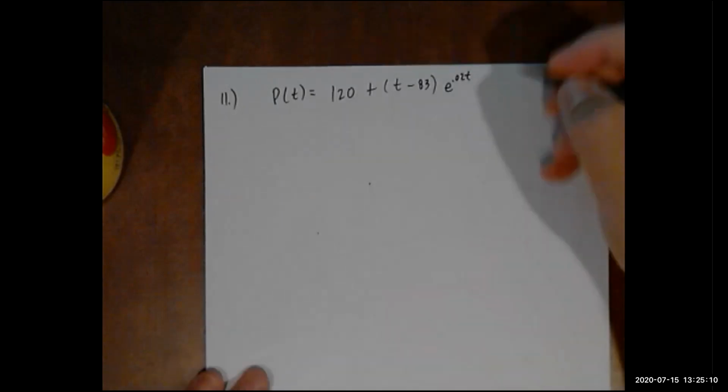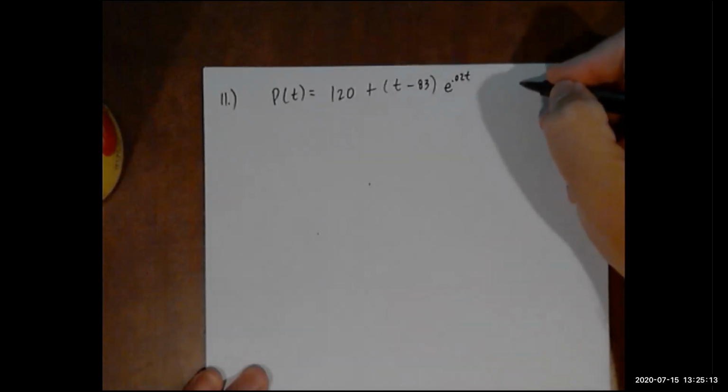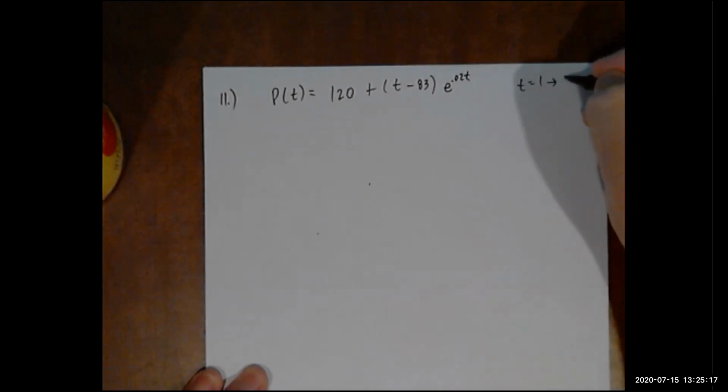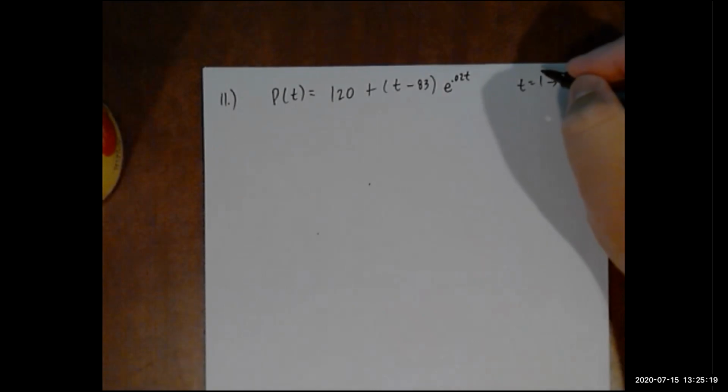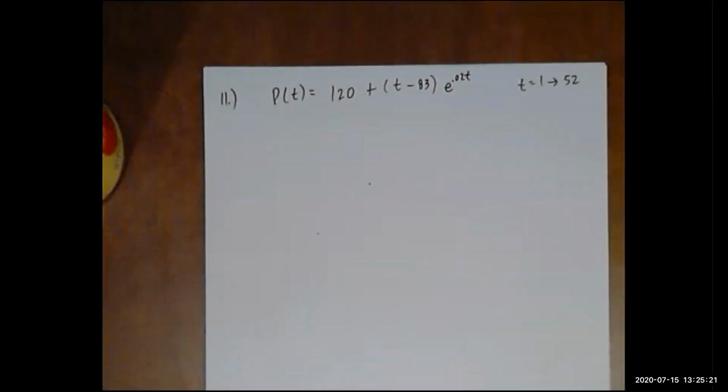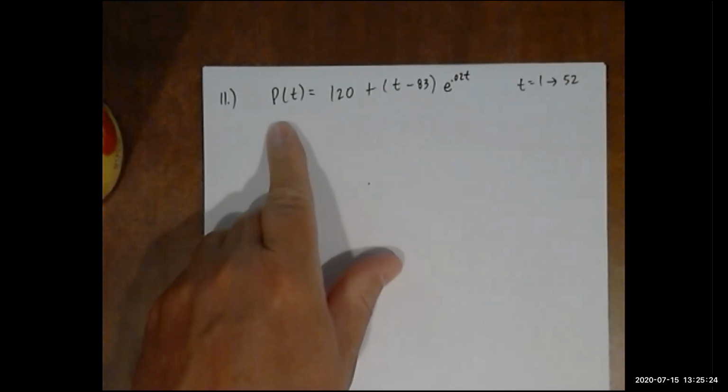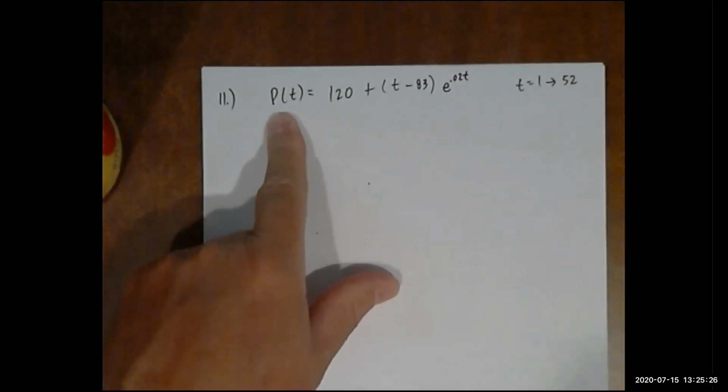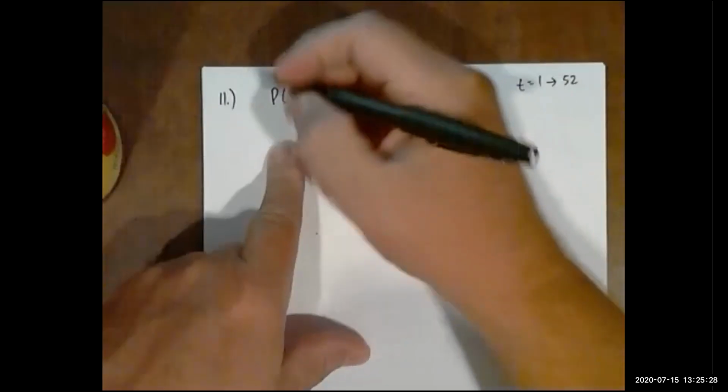So really, from T going from 1 to 52, they want to find out when the number of people is increasing, when it's decreasing, and whether there are any maxes or mins.